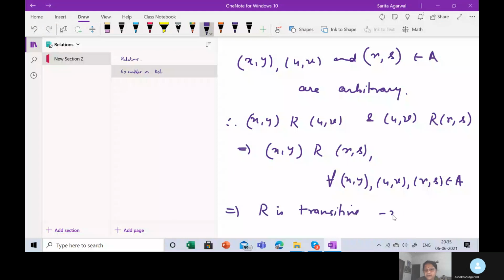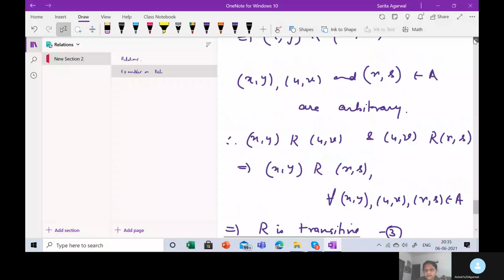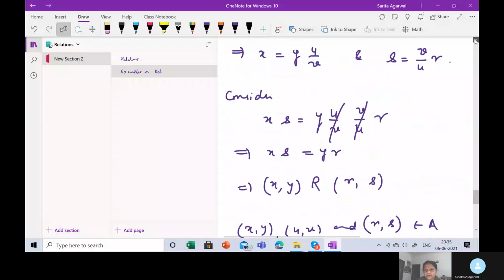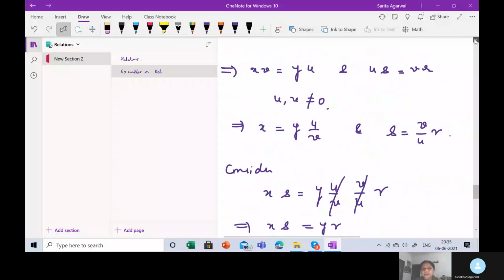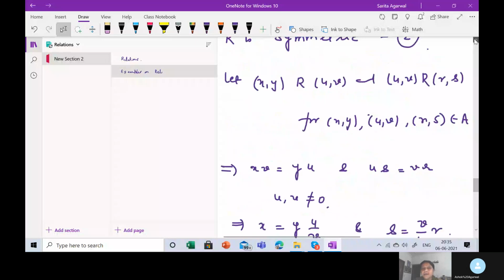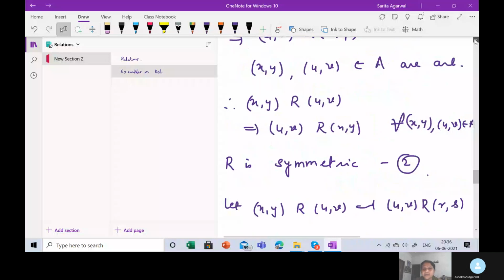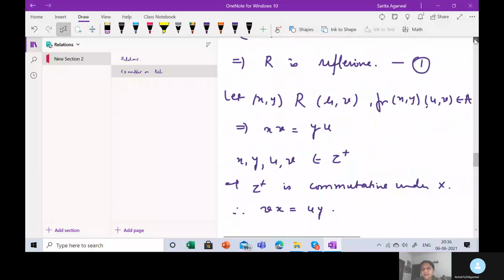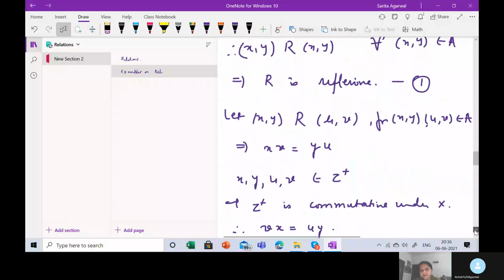So R is reflexive, R is symmetric, and R is transitive, which implies that R is an equivalence relation. Right? So it is an equivalence relation.